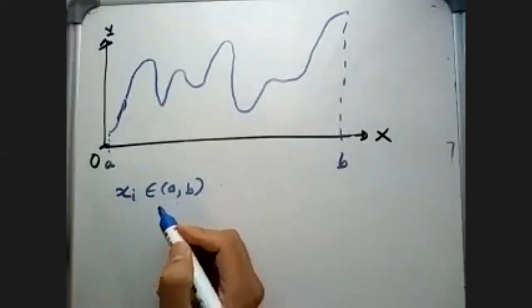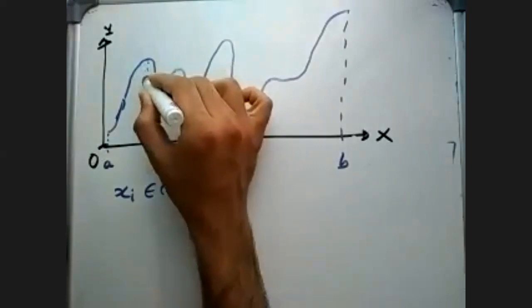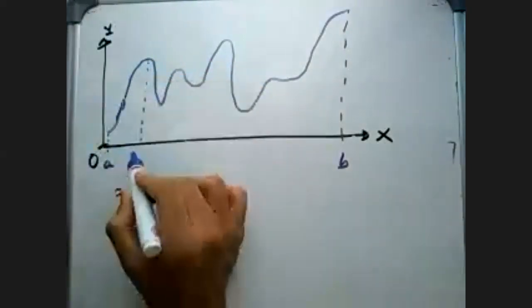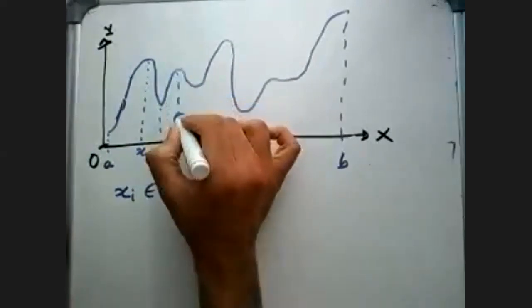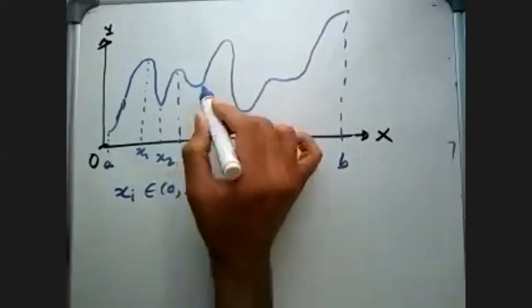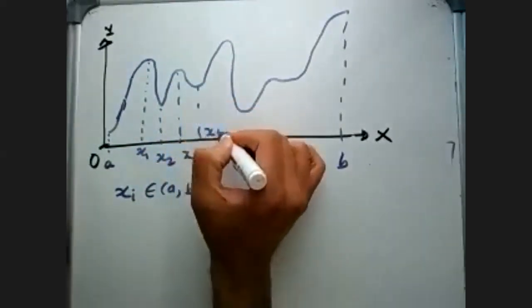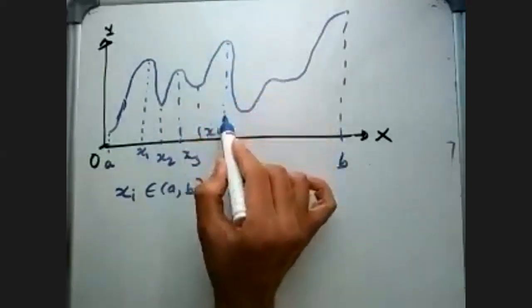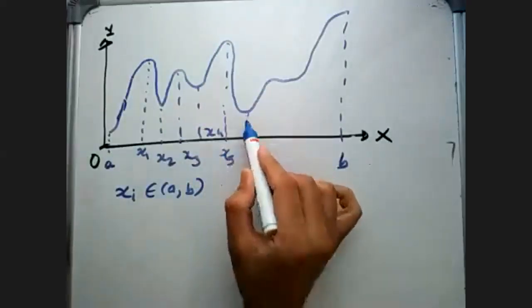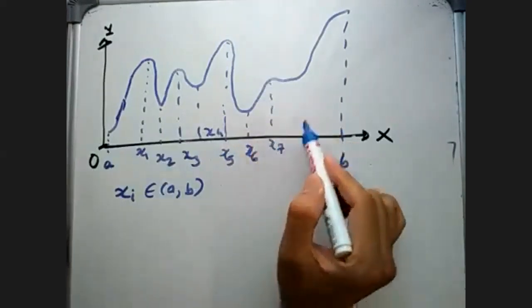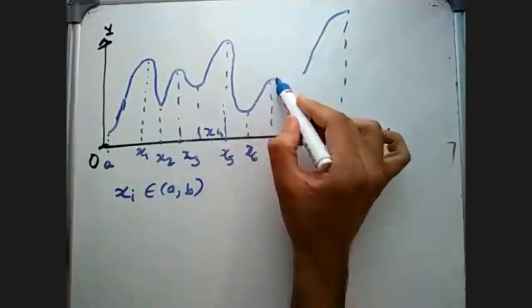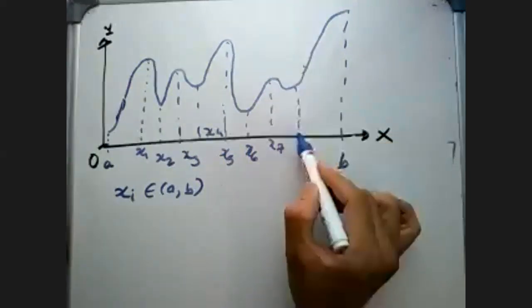Right. So here I can observe one point, that is x1, this is x2, x3, x4, x5, x6, x7, or let me draw this completely, x8.